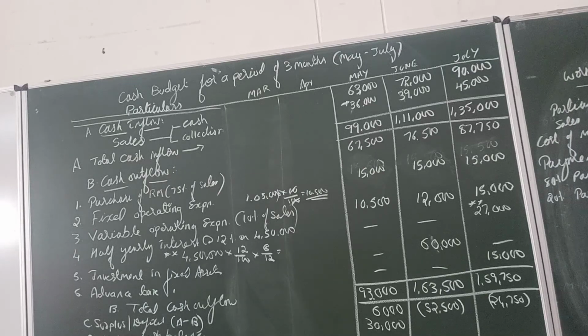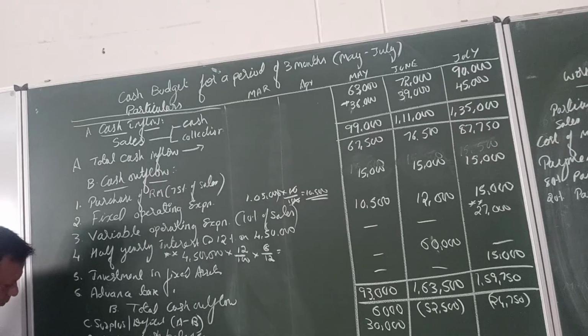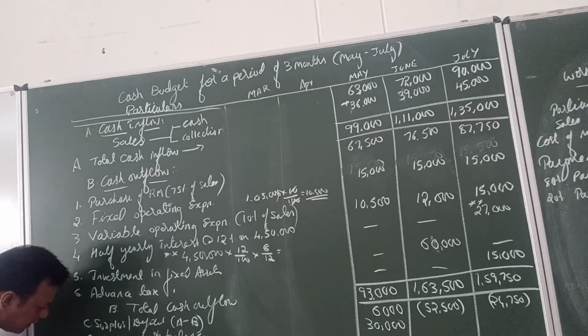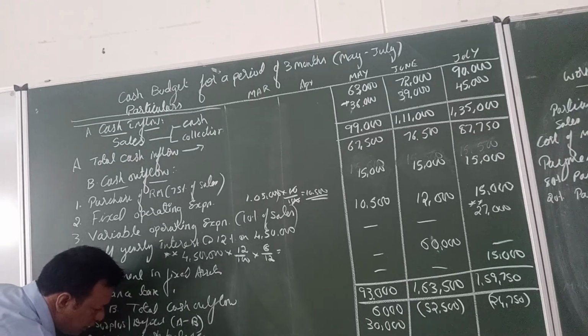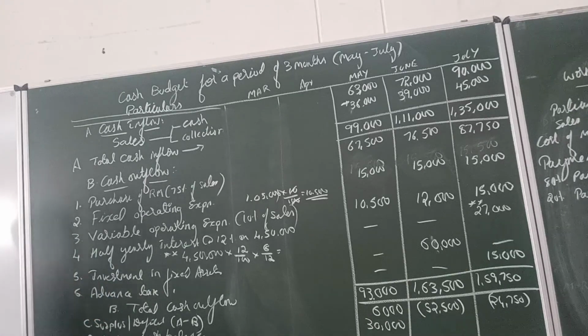Okay. So then opening cash balance, then we have borrow, then we have repay, then we have closing cash balance. Sure, 30,000 has to be maintained. They have given it, no? Yes, sir.